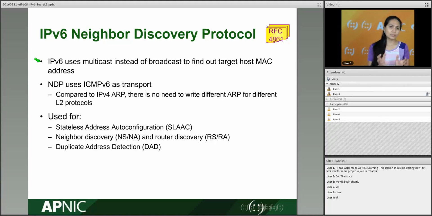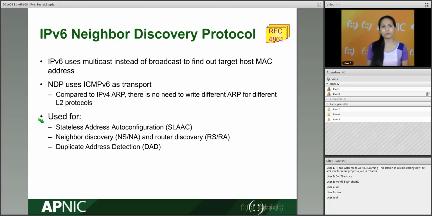If I want to assign an IP address, I will also use NDP to find other neighbors or other routers that can give me a network prefix, and also to check for duplicates within the network before assigning. So NDP is used for these three main purposes.